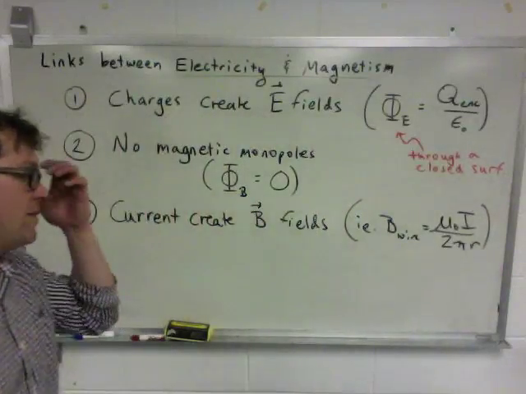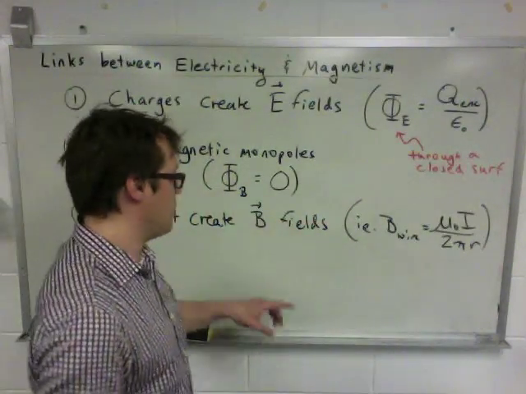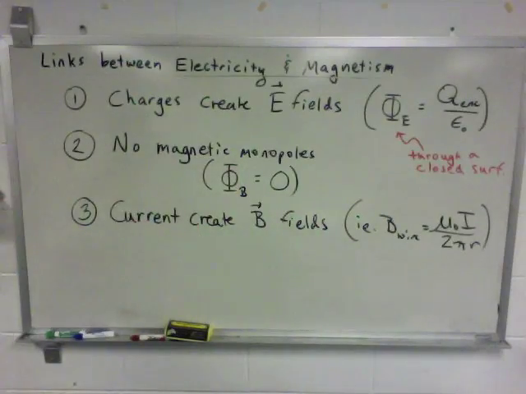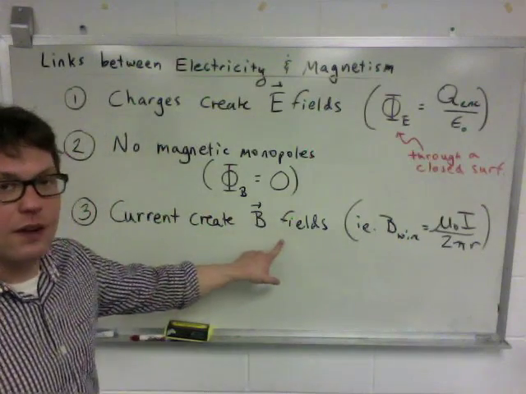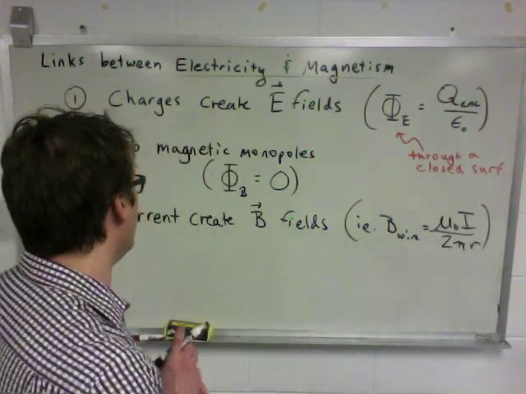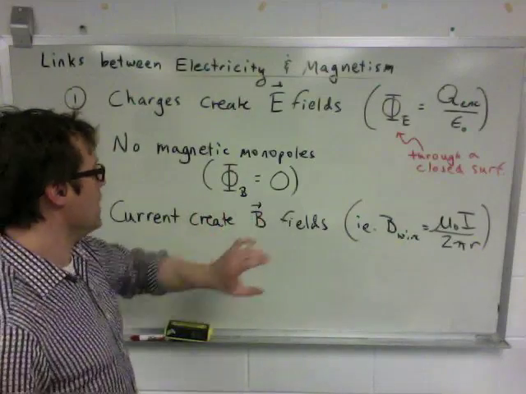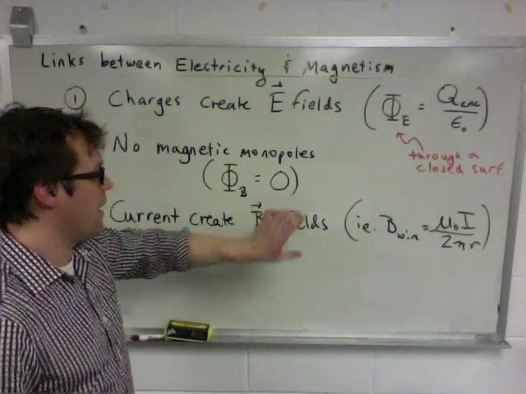That's just an example. There are many different ways that current distributions can create magnetic fields, and we've already talked about that. So this was the famous connection that Ørsted made in the early 1800s that forever linked electrical phenomena with magnetic phenomena.